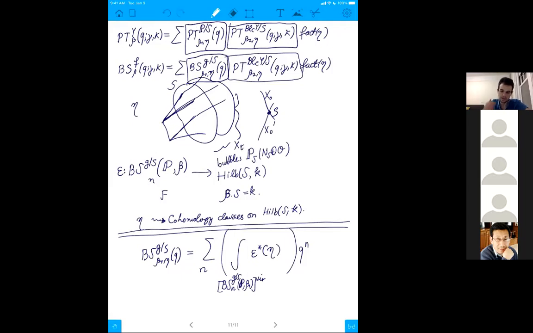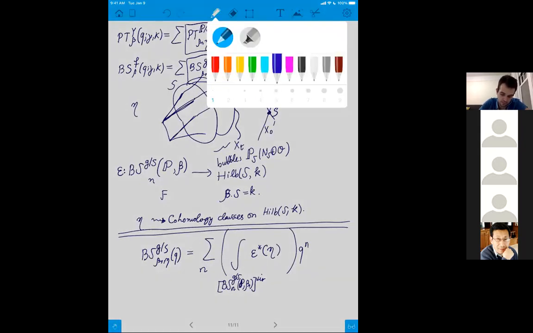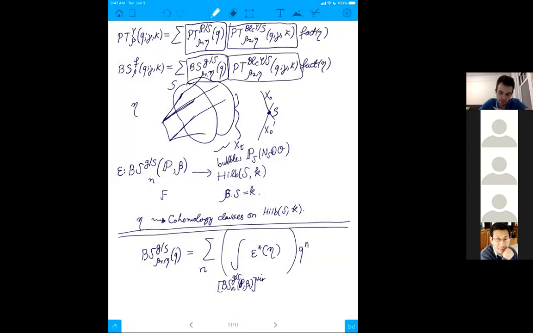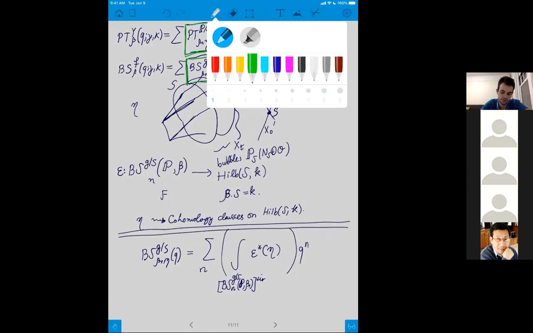Okay, so the first step in the proof is to use the degeneration formula, and then we will need to compare this relative PT invariant for P, which is some toric threefold relative to S, a divisor at infinity, and the similar invariants for BS pairs.